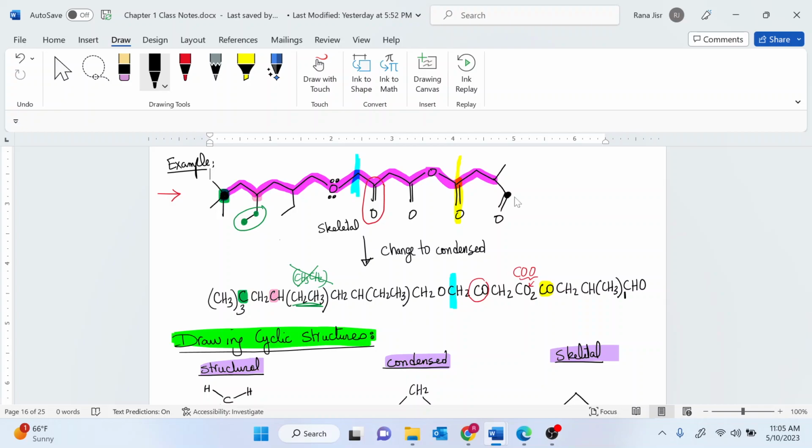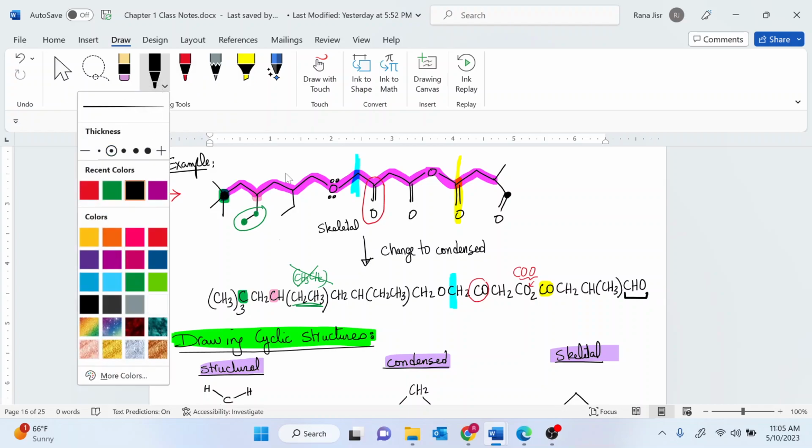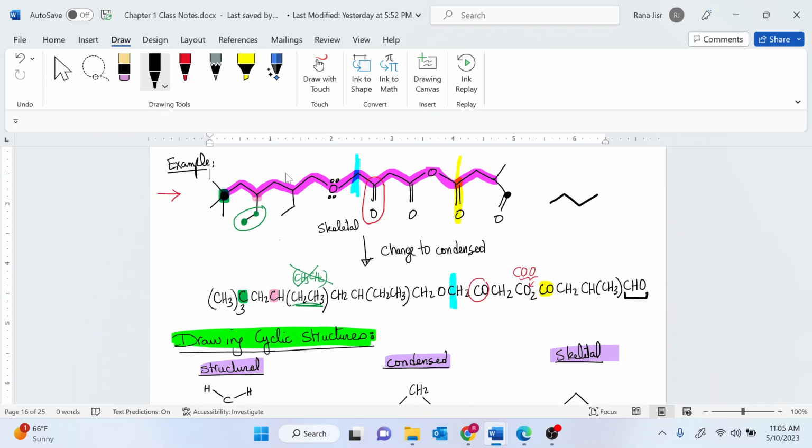Aldehydes, whenever we want to represent them at the end of the chain, are represented as CHO, not a COH. There's a difference between an alcohol, which is a COH. Let's have an example. There's a difference between something like this, which ends up with an OH, and something like this, which ends up with an aldehyde.